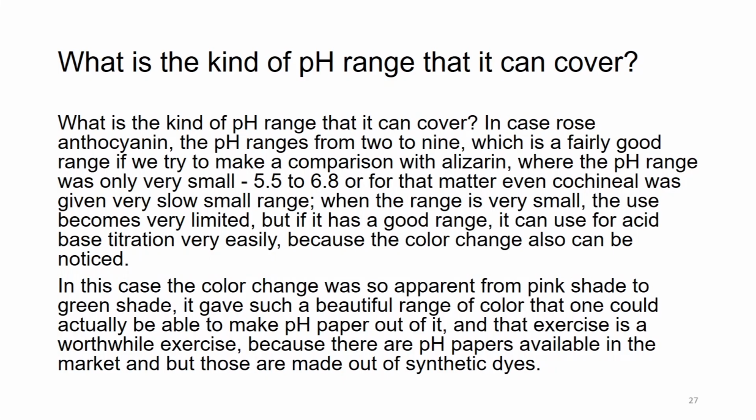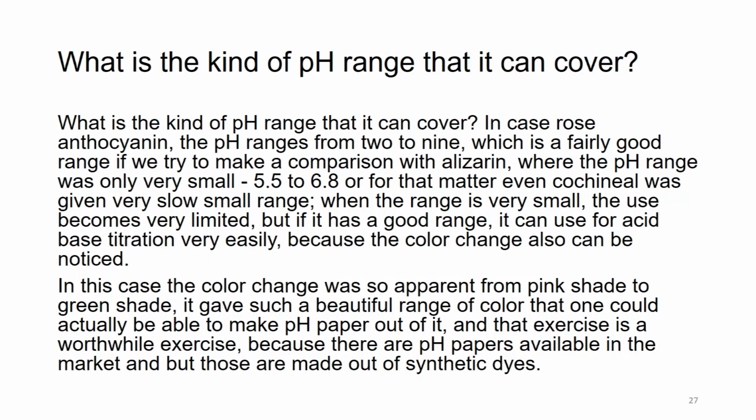When the range is very small, the use becomes limited, but if it has a good range, it can be used for acid base titration very easily and can replace phenolphthalein, because the color change also can be noticed. In this case, the color change was so apparent from pink shade to green shade, it gave such a beautiful range of color that one could actually make pH paper out of it.